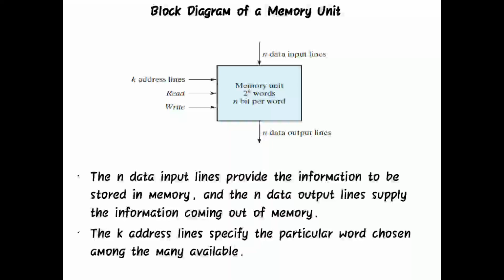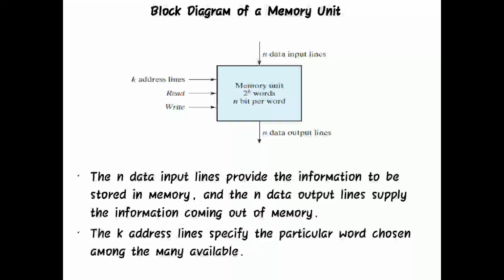As I told you, our information in the memory unit will be in terms of words, and 16 bits form one word. So the memory unit has 2 to the power of k words, for example 2 to the power of 10. There will be that many words arranged in our memory unit, with n bits per word.